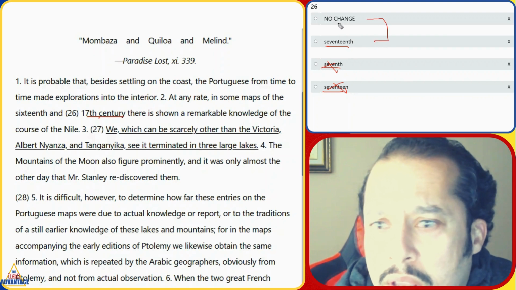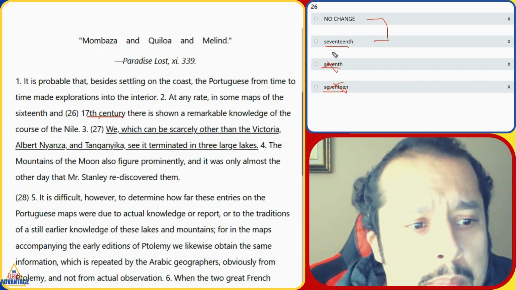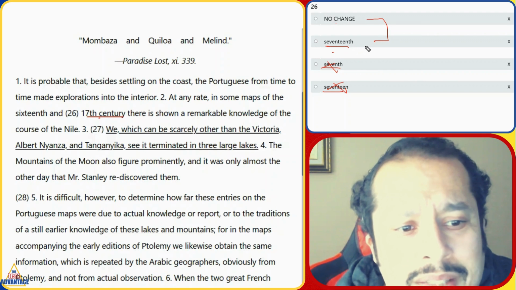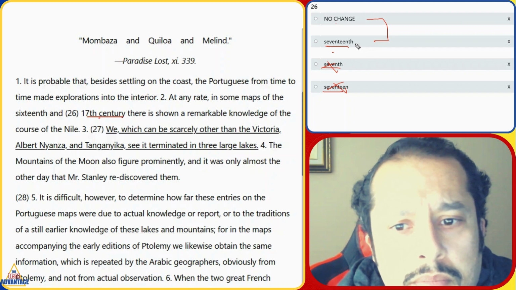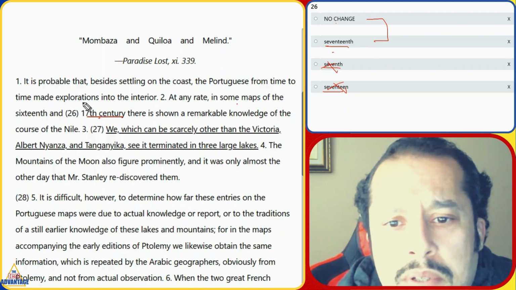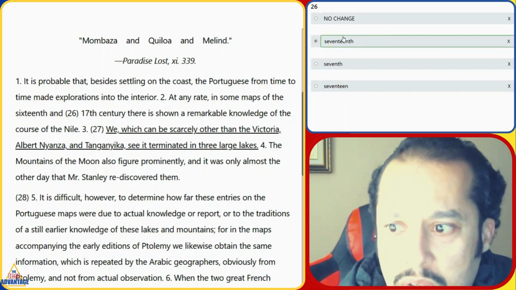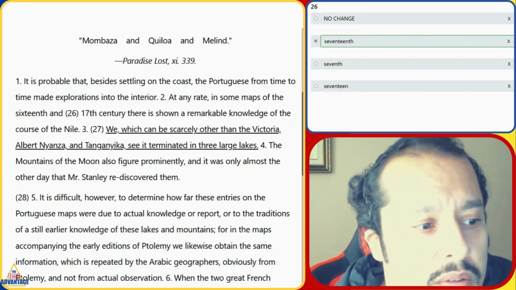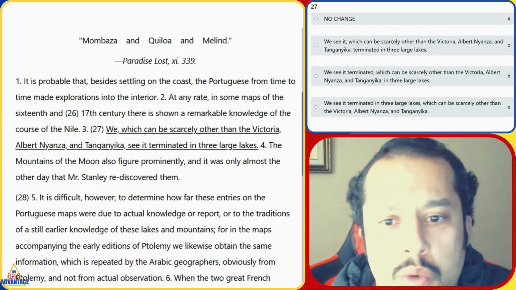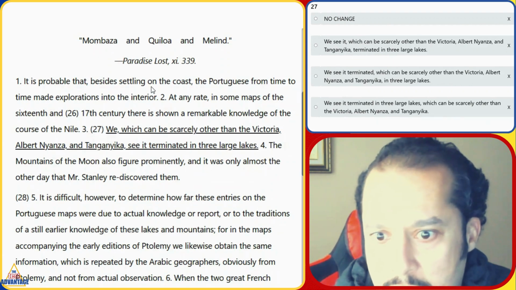It's either A or B. Anyway, in some maps of the 16th and 17th. Parallelism in style. Number 27. Okay.